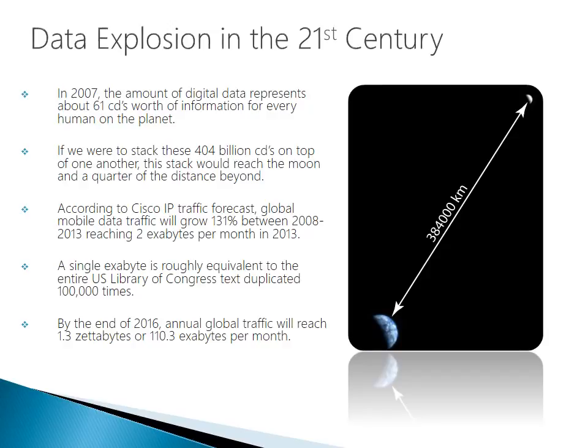By the end of 2016, annual global traffic will reach 1.3 zettabytes, or 110.3 exabytes per month. So in the end of 2016, we're going to cross the zettabyte barrier, and we're going to have 110 exabytes being produced on a per month basis. Big data isn't even the right word to describe it. It is ginormous.